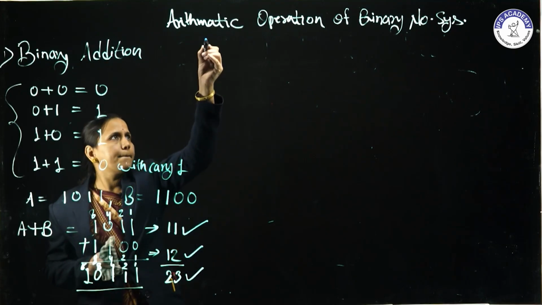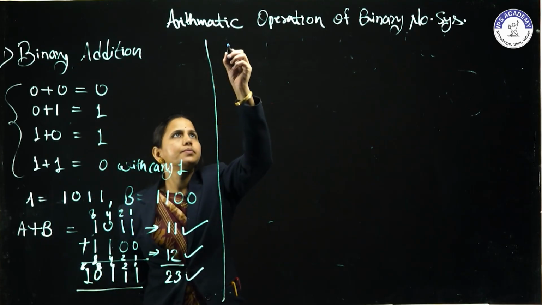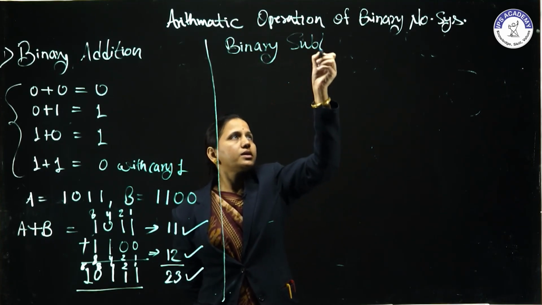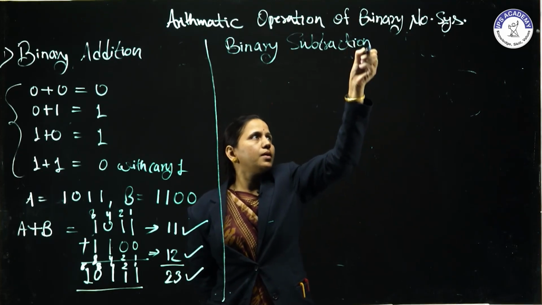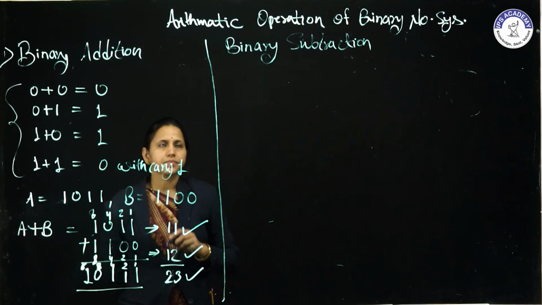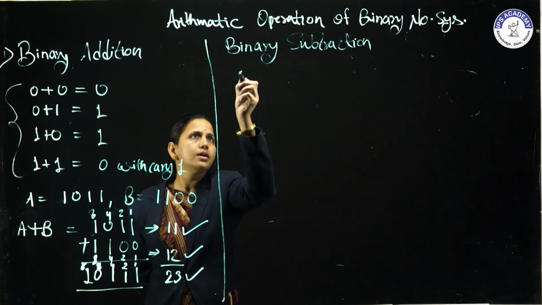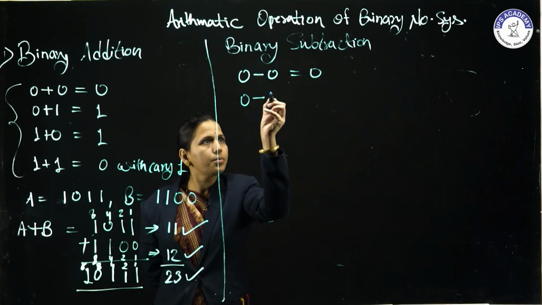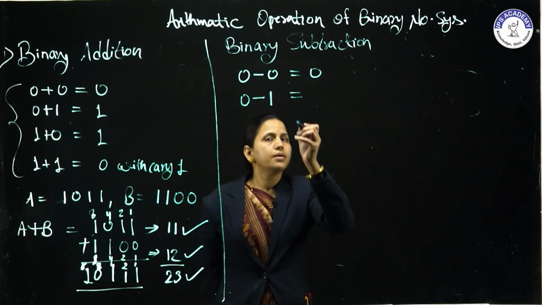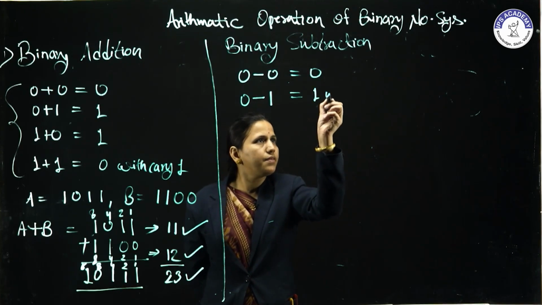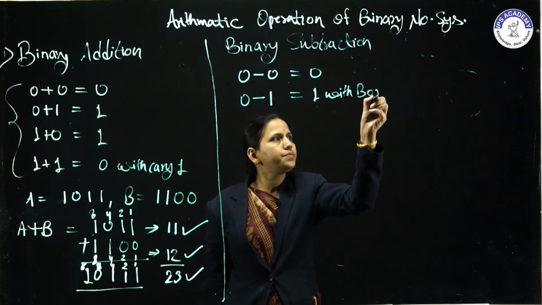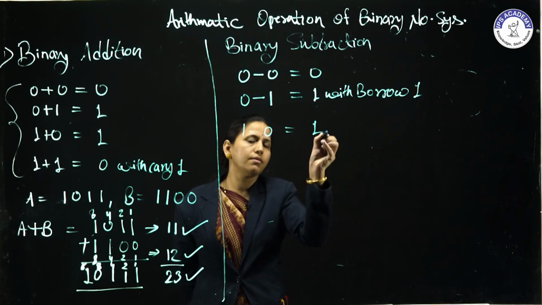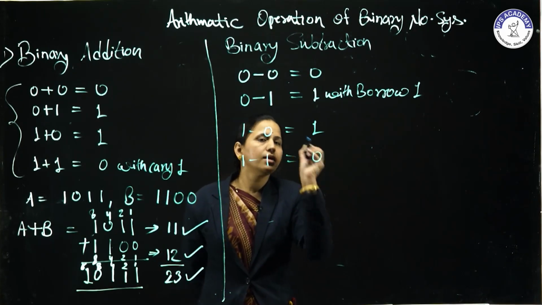Next is binary subtraction. In binary subtraction, 0 minus 0 will be 0, 0 minus 1 will be 1 with borrow 1, 1 minus 0 is 1, and 1 minus 1 will be 0.